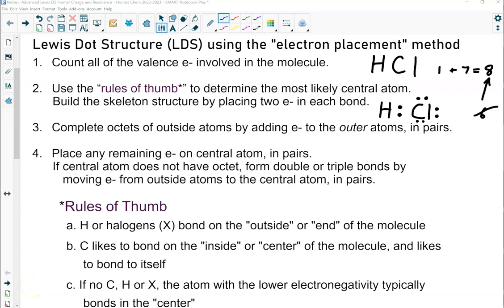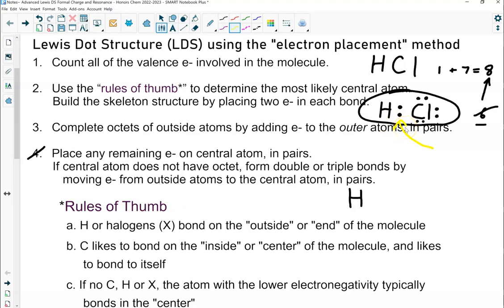Okay, so again, since we used up all of our electrons in step 3, we're going to take our structure here, and we don't have to do step 4, like I said, because there's no more electrons. What you're going to do is rewrite this. Any pair of electrons that are shared, see that shared pair?